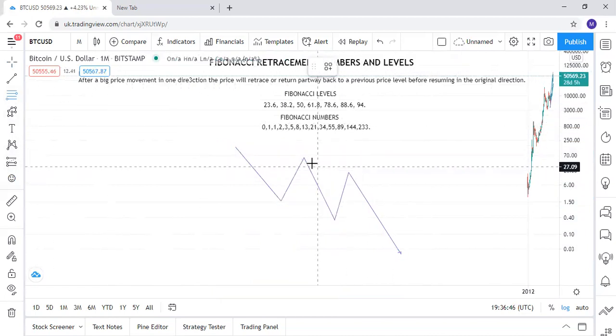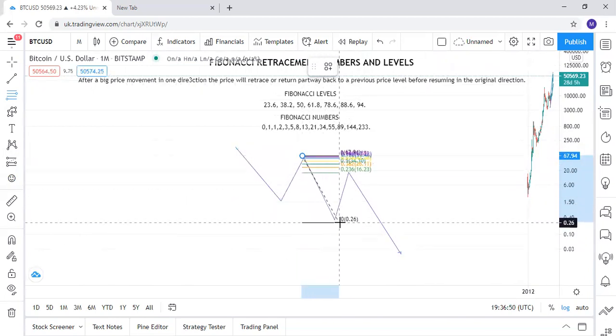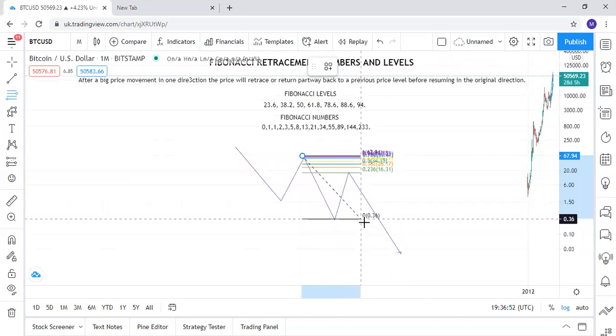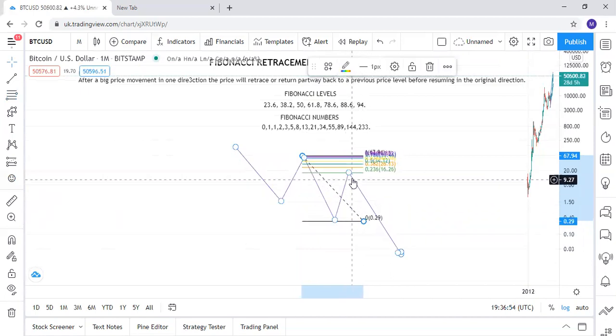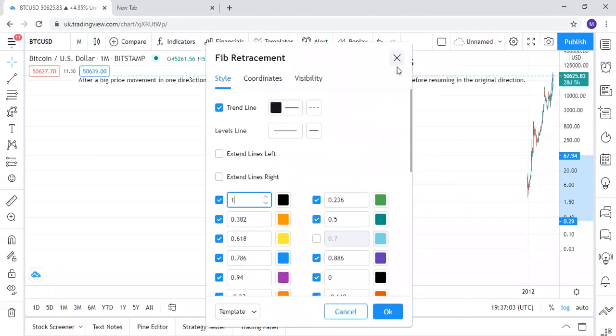If you want the fib retracement from this level to this level, you carry it from the higher high here, and draw it down to the higher low. You extend it to the right hand side to see the numbers clearly.